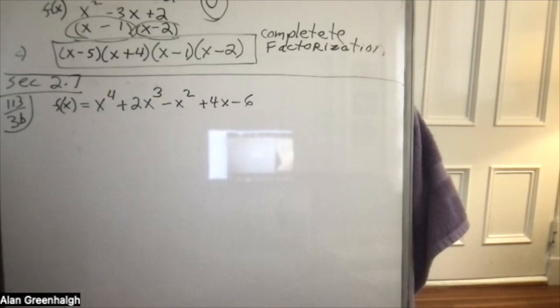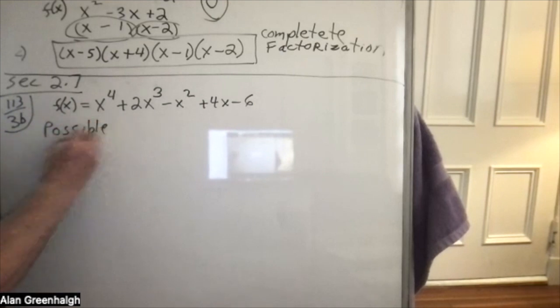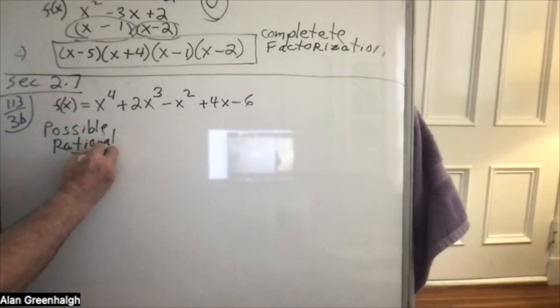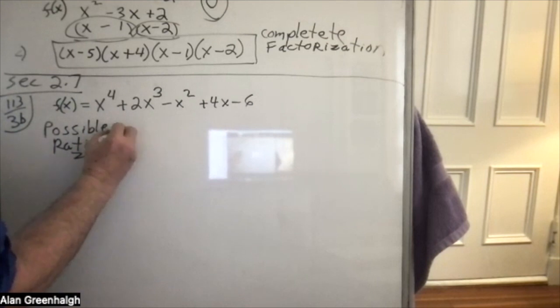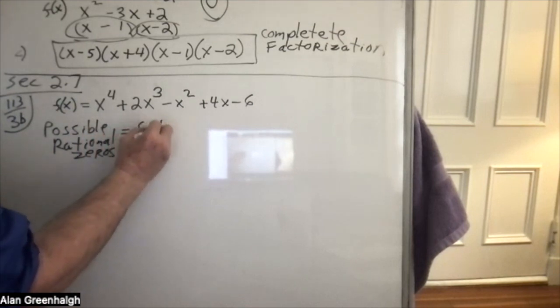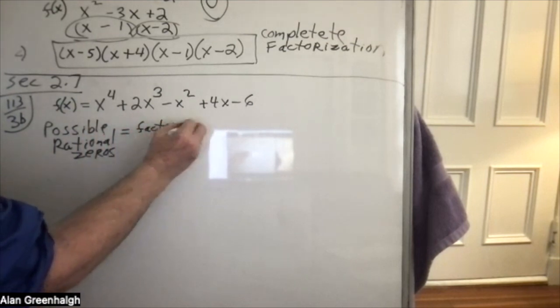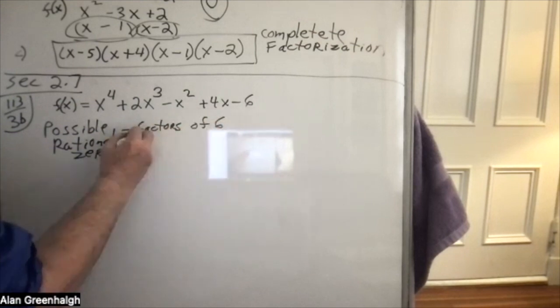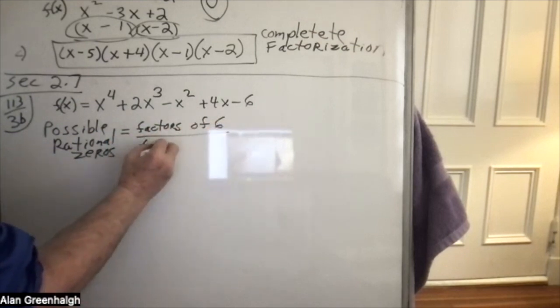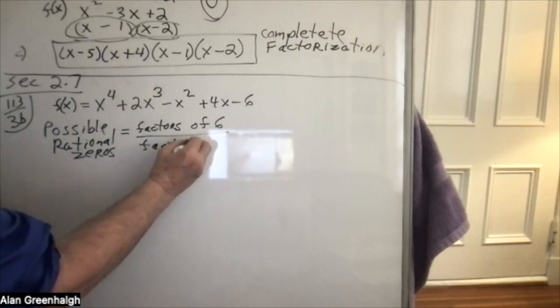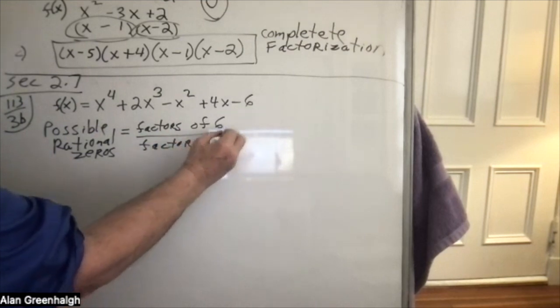possible rational zeros. The possible rational zeros will be, remember, the factors of 6 divided by the factors of 1.